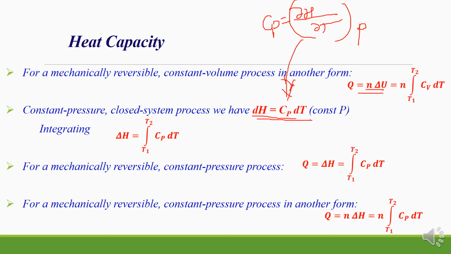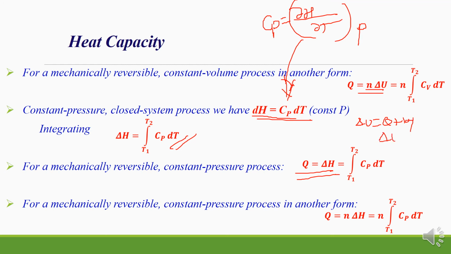And if you integrate this, you will get delta H is equal to the integral of Cp dT with limits T1 to T2. And for a constant pressure process, again you will get this simple equation here, right? Q is equal to delta H, integral T1 to T2, right? So how did you get this? This is from, again, delta U is equal to Q plus W, and W is equal to minus P dV.